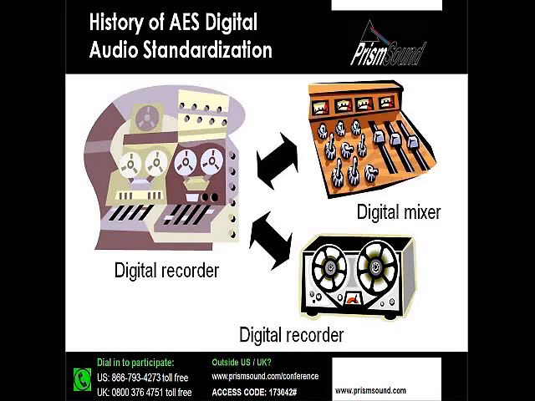And then digital consoles appeared in this space, and at that point there was no way to get audio back and forth between these devices in the digital domain. Everything had to be done in the analog domain.